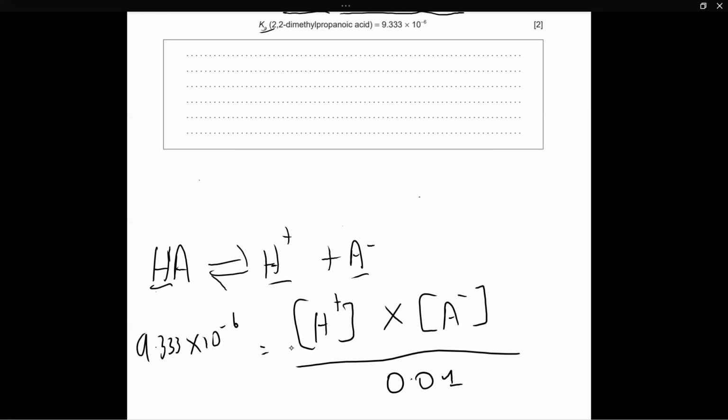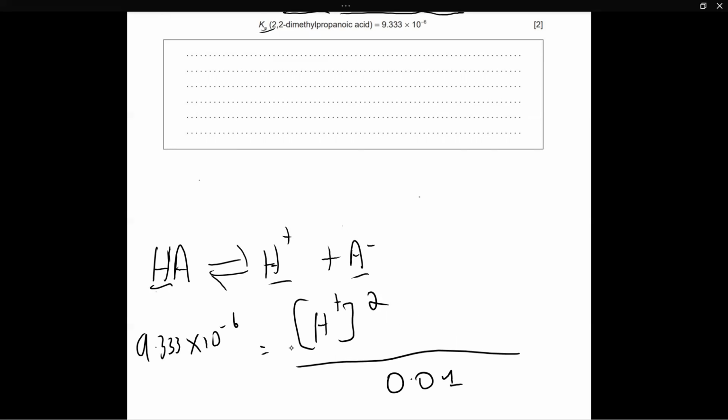So the concentration of H plus and the concentration of the ion is going to be exactly the same. That's why you can technically write this as H plus squared, because remember, we're not dealing with the identity of the substance. We're just dealing with the concentration over here.